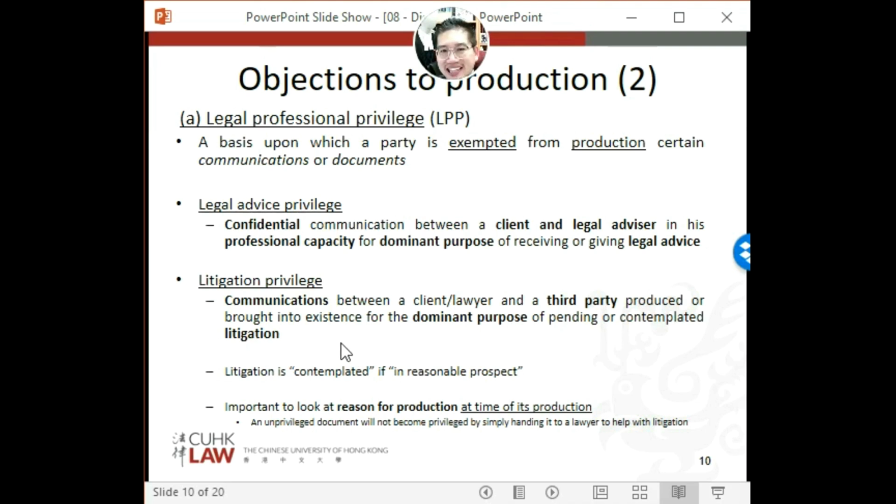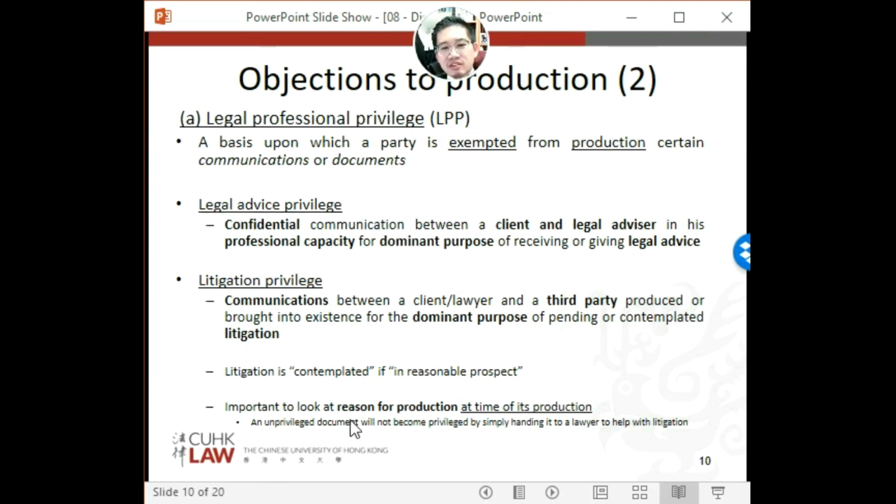So either there's existing litigation, I know I'm being sued, so I want to get witnesses to help me defend that. So that document or that communication might be protected by litigation privilege. Or maybe there is contemplated litigation, which is there is a reasonable prospect that I'm about to be sued by someone because I've been threatened with legal action. So that would also apply.